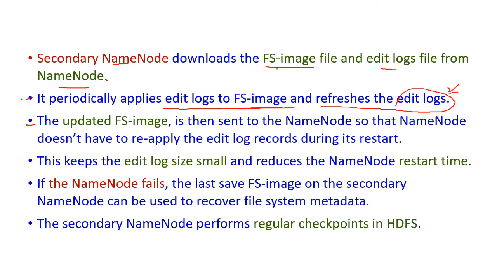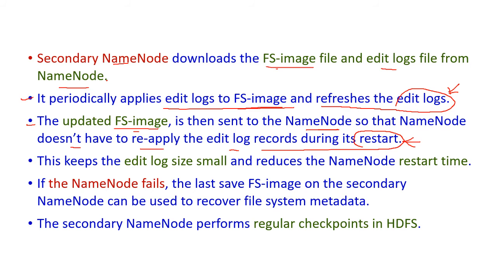And the updated FS image is sent to the name node so that the name node does not have to reapply the edit logs that are recorded during the restart. So it will automatically reduce the restart time of the name node.